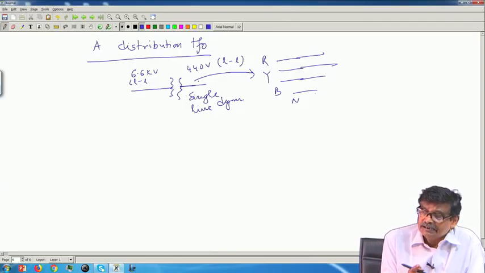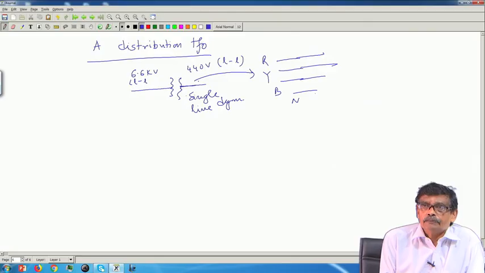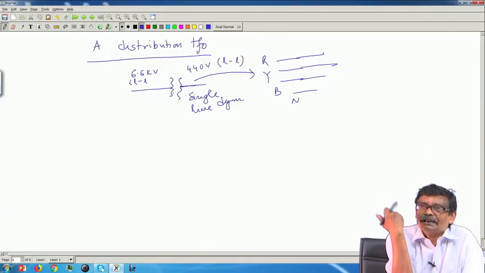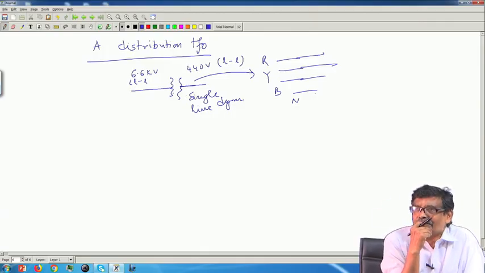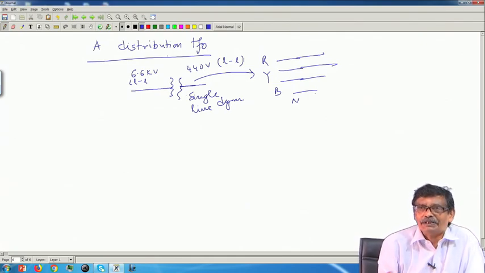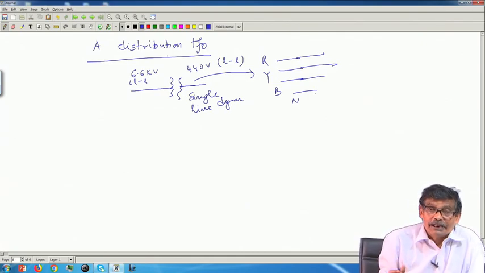But the point is, the engineers sitting in the substation will not take a decision like this: in the midnight load is less, therefore, let me put this primary side off, so that no losses take place. No, you cannot do that.